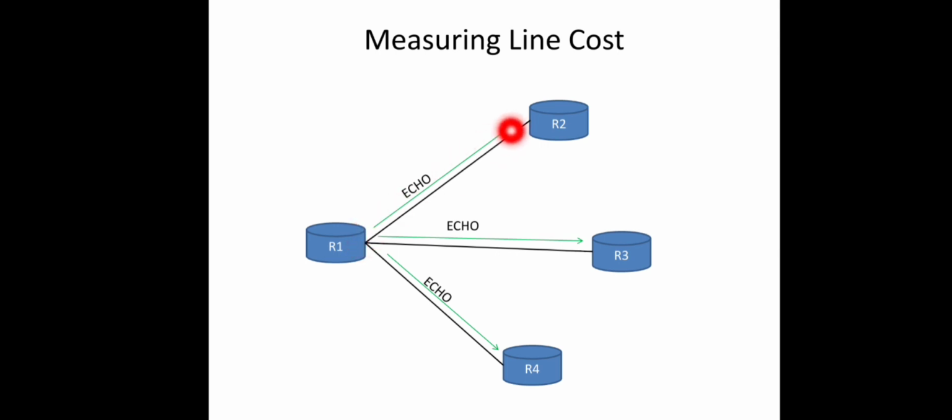So this router will send an echo packet to every point-to-point line. Upon receiving this echo packet, the router at the other end is expected to reply immediately. So measuring the round trip time and then taking half will give the actual delay over this link, right? And to get better results, the test can be conducted several times and the average can be used. Here it assumes that the delays are symmetric, that is delay from R1 to R2 and from R2 to R1 are the same, but that may not be the case always.